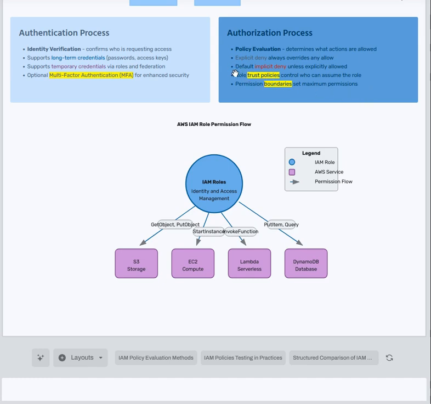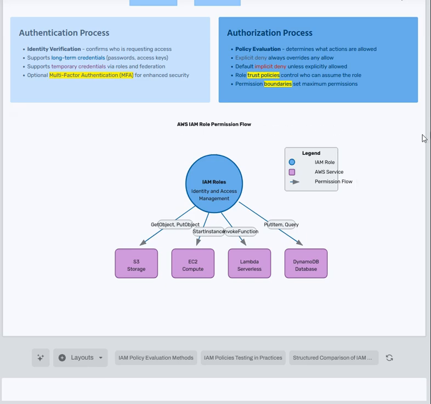I'm going to explain explicit deny and implicit deny next time. Explicit deny is when, in a policy, you're stating that something is denied, right? Implicit deny means you say something is allowed, say two actions are allowed, but the rest of the actions are not allowed by implicit deny.